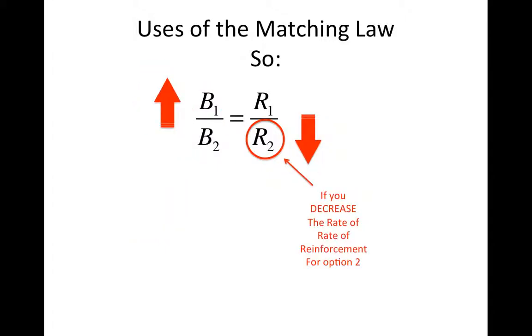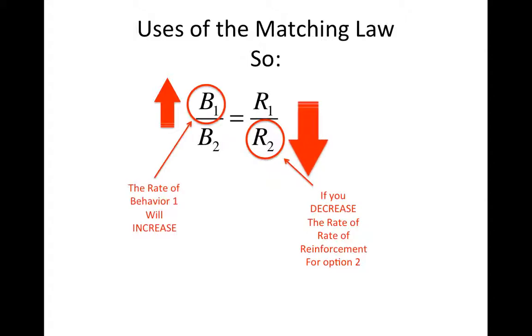If you decrease the rate of reinforcement for option 2, according to the matching law, you should see an increase in the rate of behavior 1.